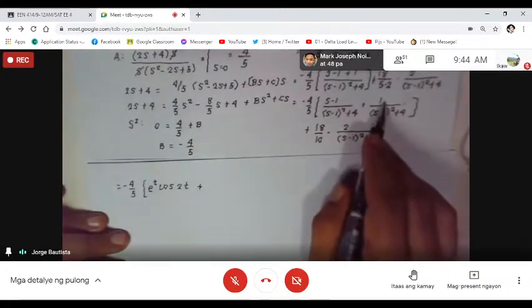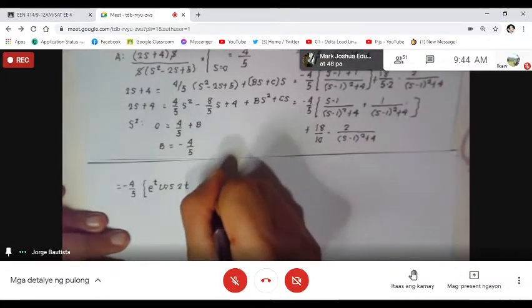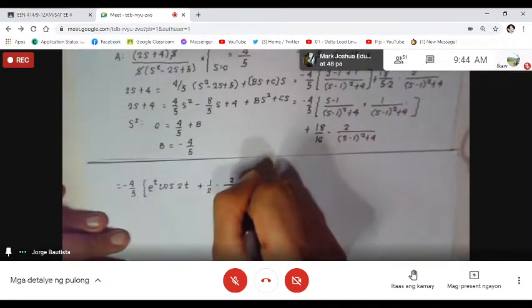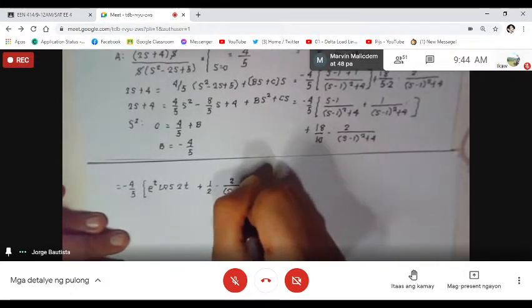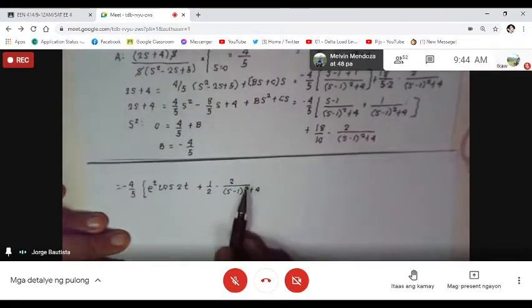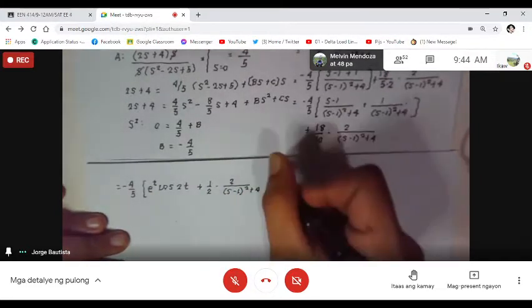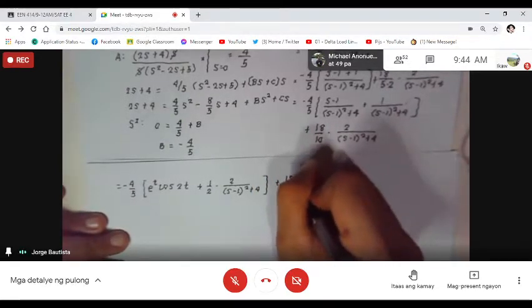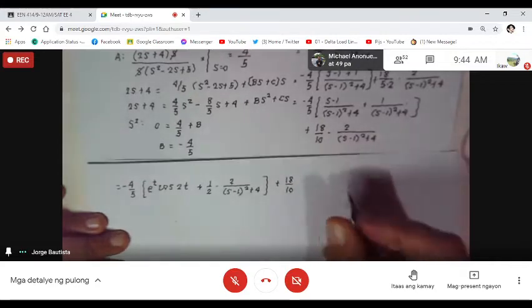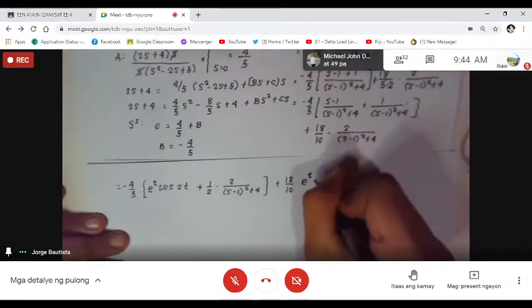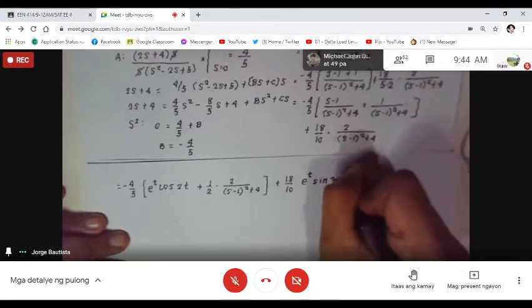So, kailangan ko maglagay ng 2 sa taas, so that is 1 half multiplied by 2 all over s minus 1 squared plus 4 para magmukha siyang sine, di ba? Okay, and then plus 18 over 10. So you have e raised to t sine 2t.